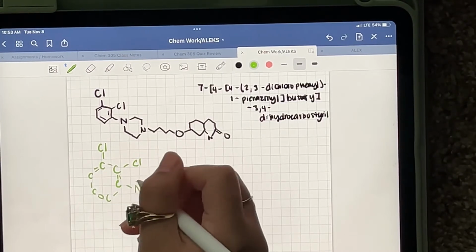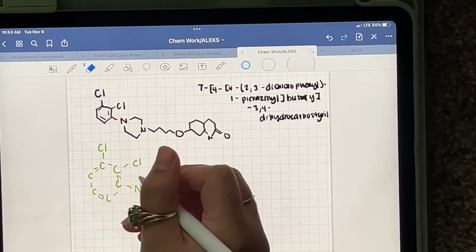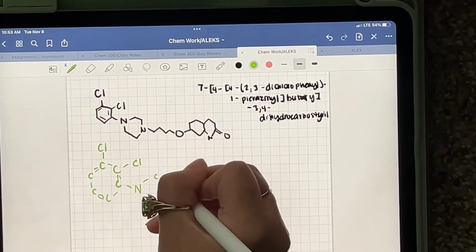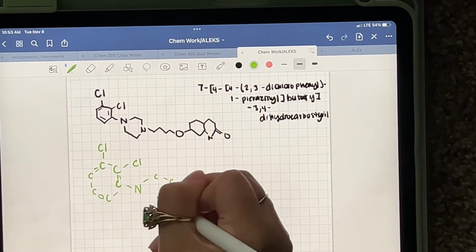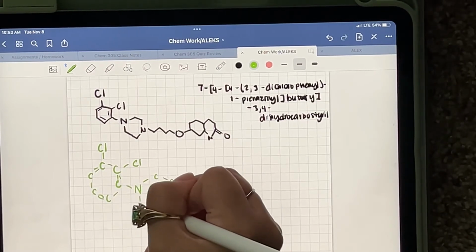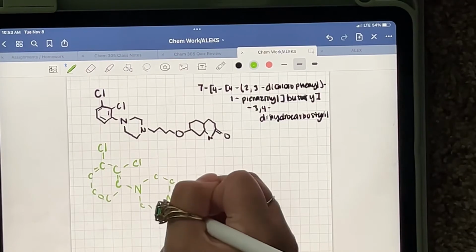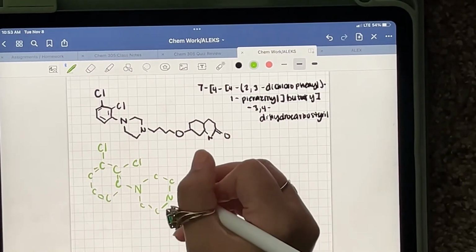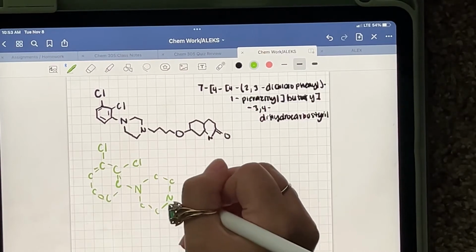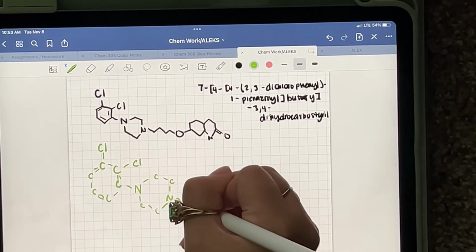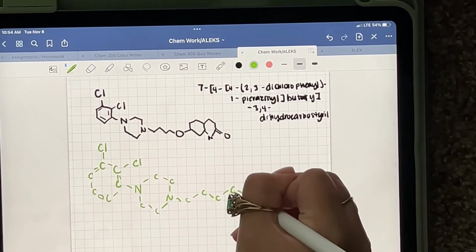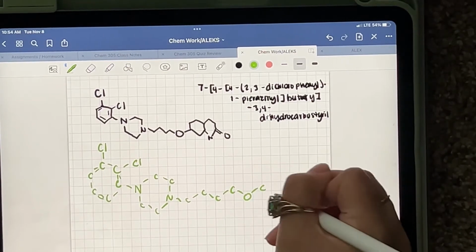and then we have right here carbon, another nitrogen, and then carbon, and then another carbon, and these are all single bonds. So then it goes to another carbon right here, connecting to this nitrogen, carbon, and then we have oxygen, carbon.